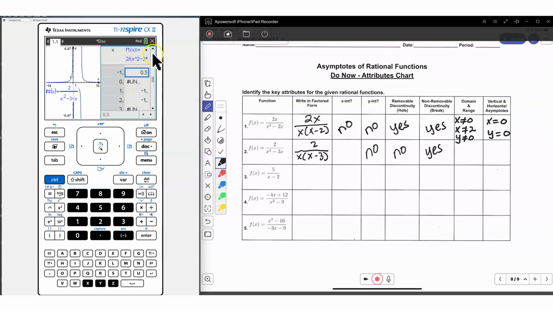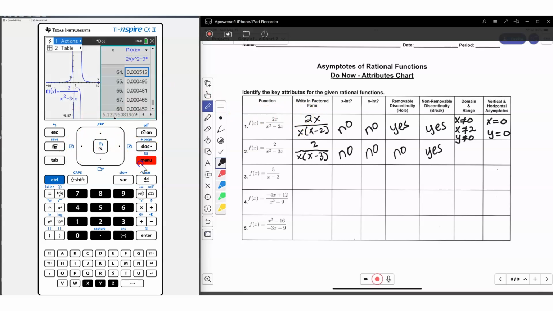Okay, x-intercept, on the other hand, we need to see if y equals 0 somewhere. So instead of scrolling all the way up, it looks like it doesn't cross the x-axis also, so it's going to be no for x-intercept.